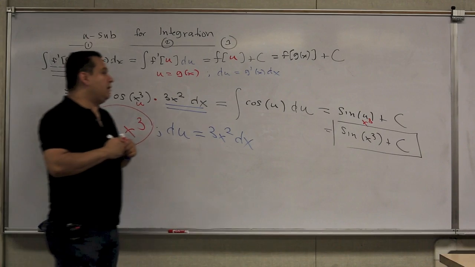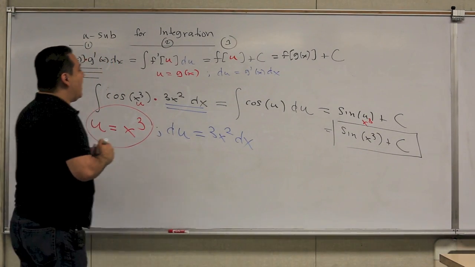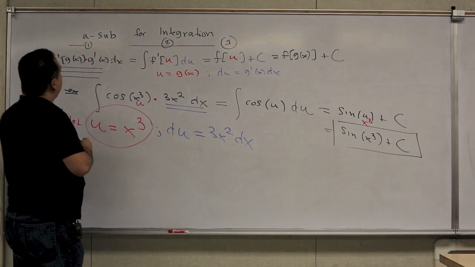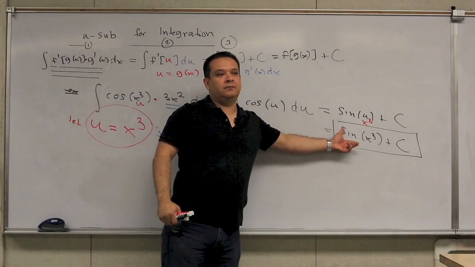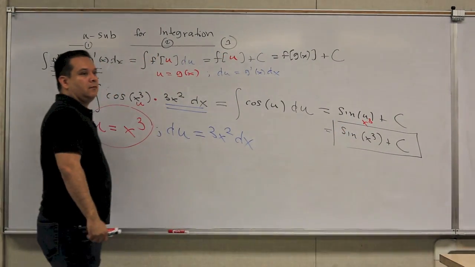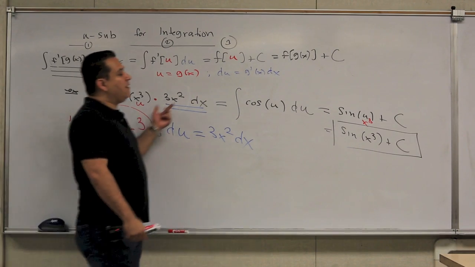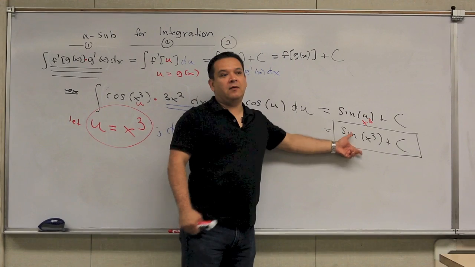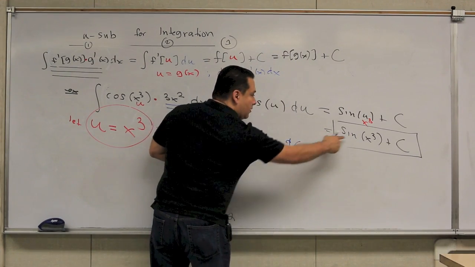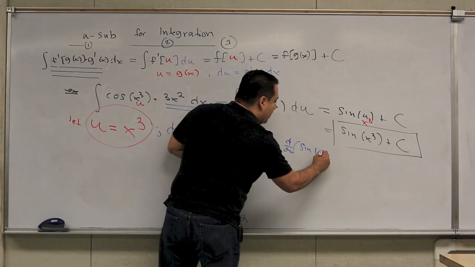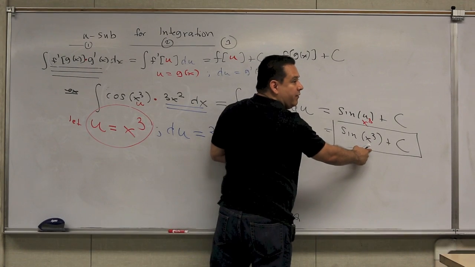Okay, so let me just give you a quick check about this. Remember, what are we saying here? We're saying that this function and this function are related how? What did we just find? Didn't we just find the antiderivative? Doesn't that mean if I differentiate sine of x cubed, I get big F, the antiderivative function?